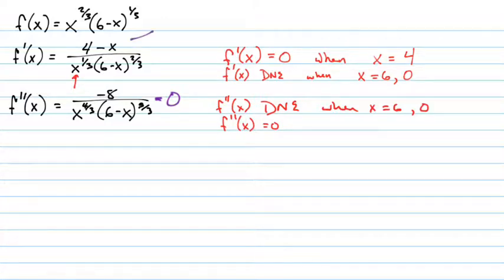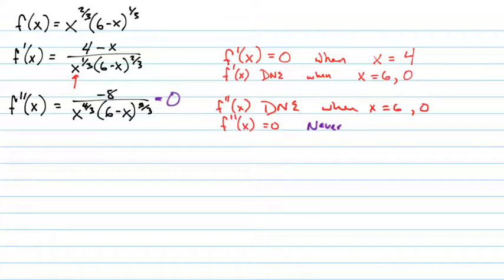Think about how we got this. The numerator would have to equal 0, and there's no way that we can manipulate the numerator. Exactly. When it's just -8, there's no way to get it to equal 0. So that's not going to happen.